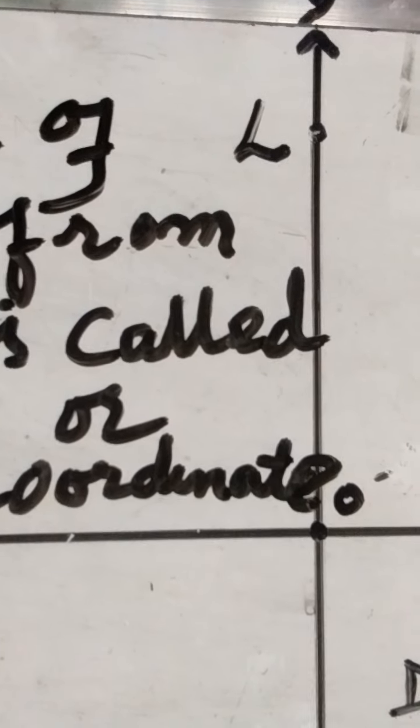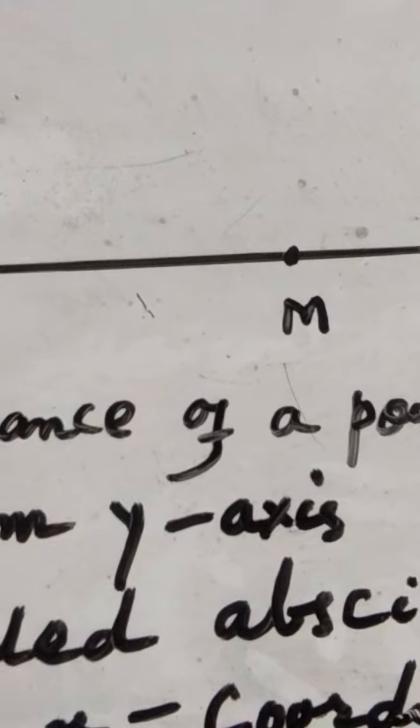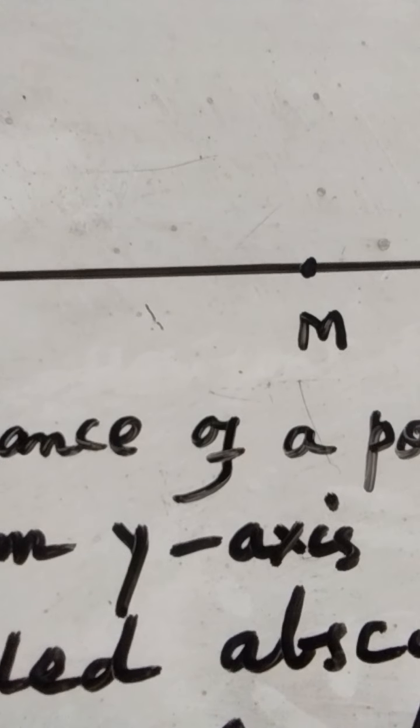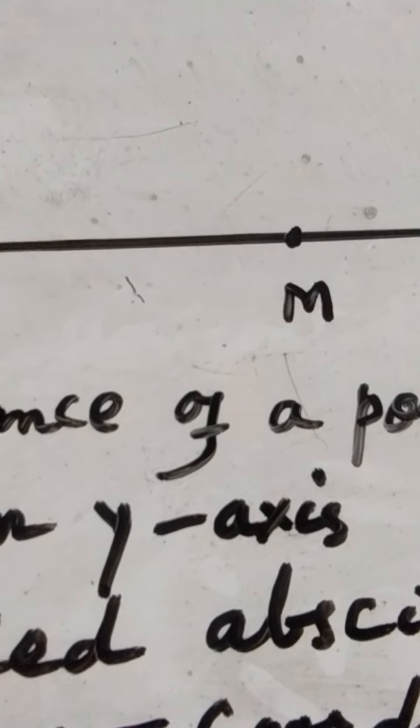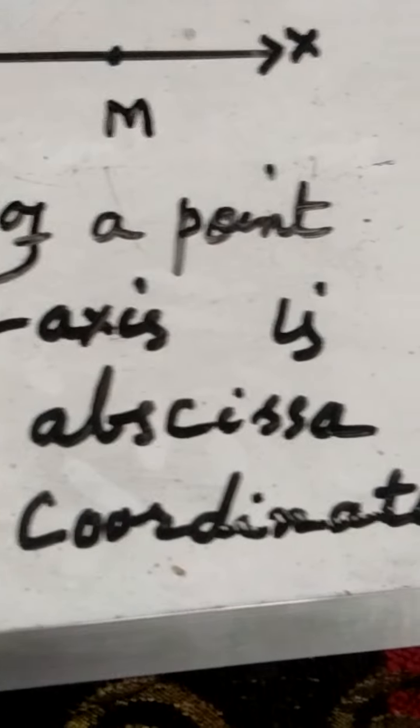When the point is situated on y-axis, we measure its distance from x-axis, what we call ordinate or y coordinate. And when the point, like this point M, is situated on x-axis and we measure its distance from y-axis, this is called abscissa or x coordinate.